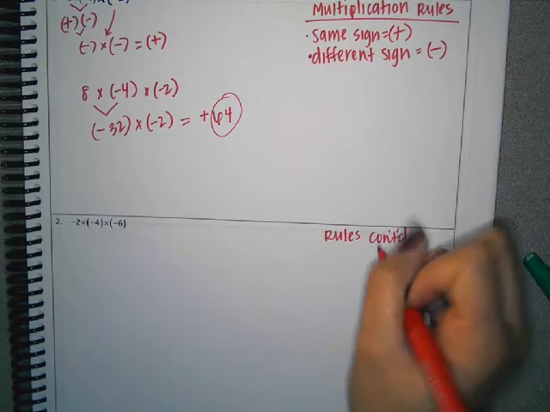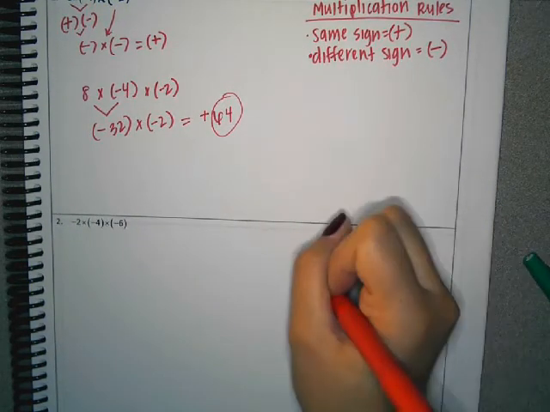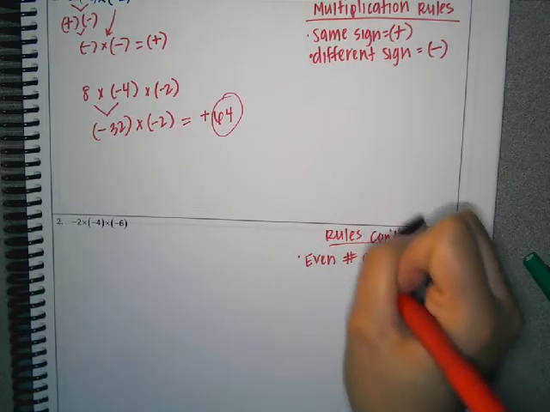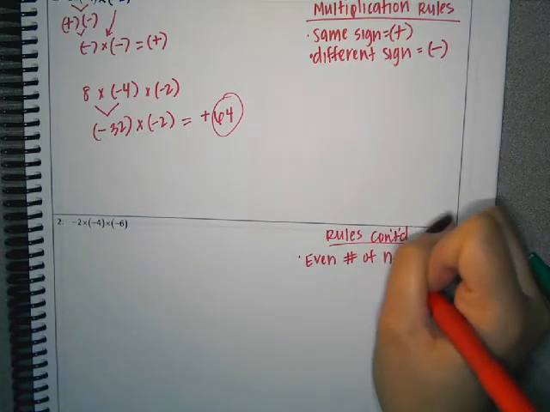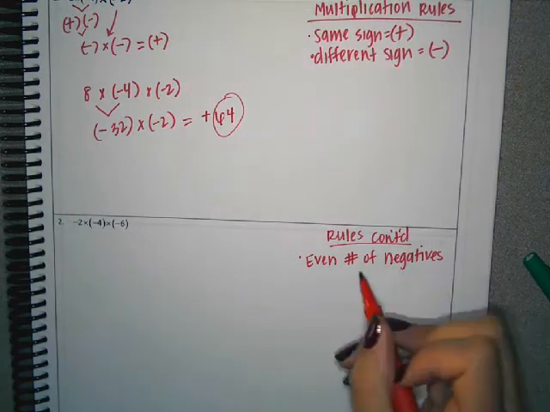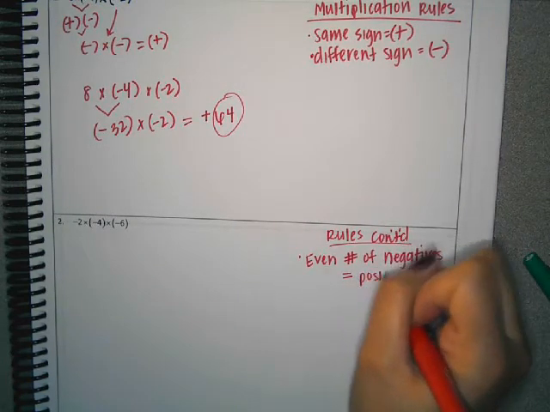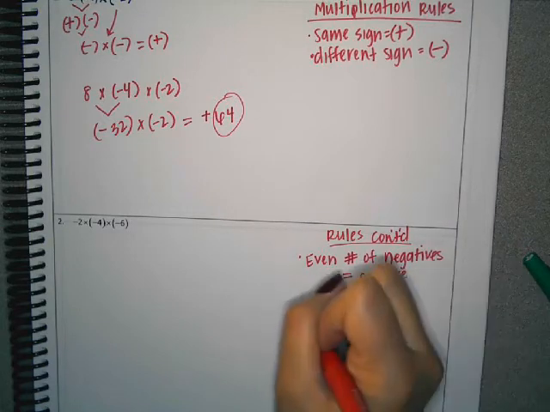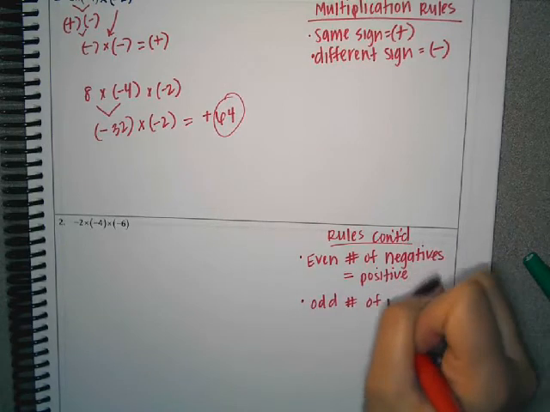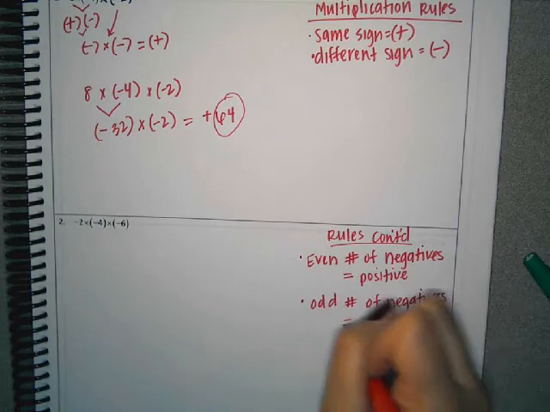Okay. So if I have an even number of negatives, if I count and I have an even number of negatives, my answer is going to be positive. And if I have an odd number of negatives, my answer equals negative.